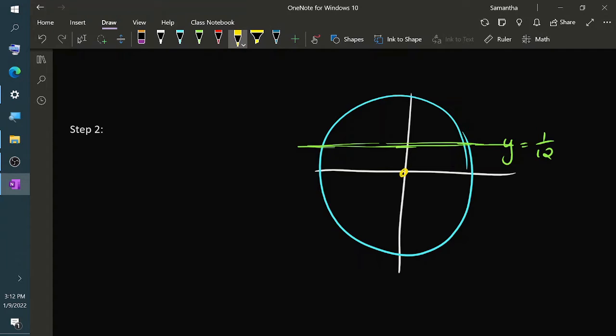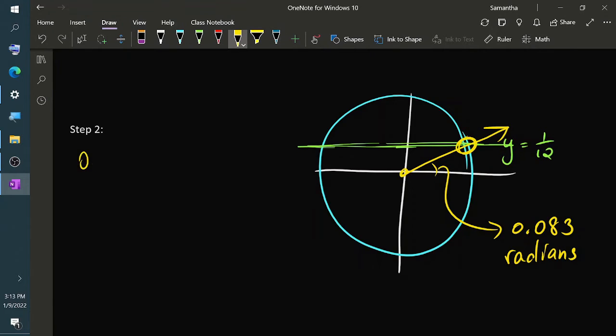So what we have just found is that one angle at which this y value is produced is the angle 0.083 radians. So the question is, what are all the other angles at which this same y value is achieved? Now the first thing that I'm going to remember is that if I have any angle which is coterminal to 0.083, then that will put me at exactly the same position on the unit circle, and therefore y will output exactly the same value.